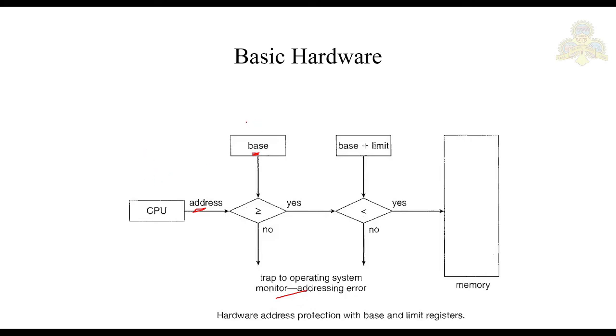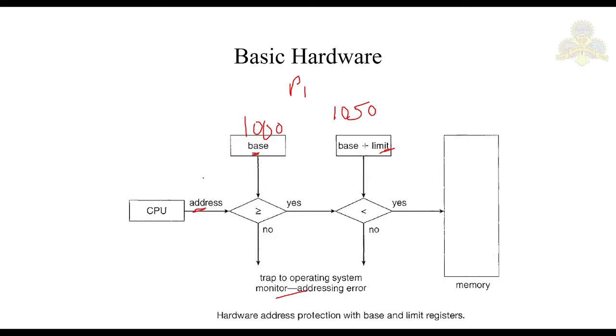Say suppose your base register value is 1000. Basically we have a process, say P1, ranging from 1000 till 1050. That means your limit value is 50, the base value is 1000, and base plus limit is 1050.